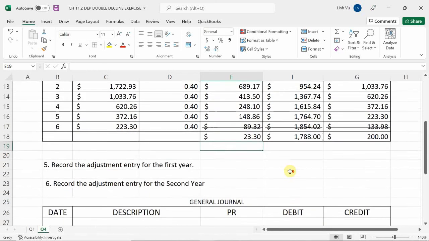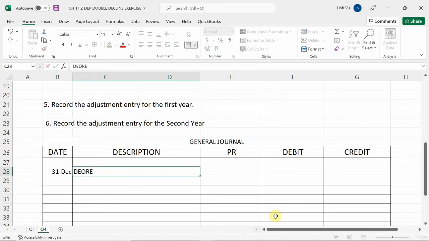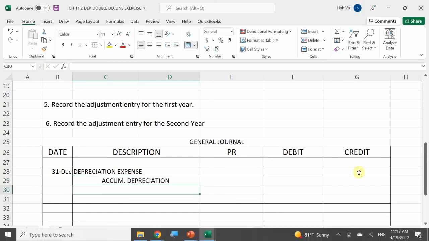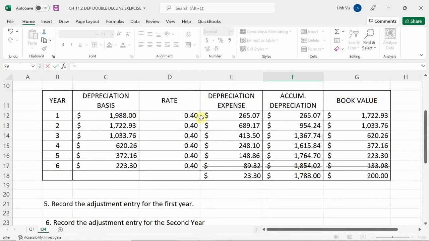Okay. Last but not least, let's go ahead and journalize for the first and second year. So December 31st. What do we have here? Depreciation expense and accumulated depreciation. Okay. So what's the first year depreciation expense? 265.07.